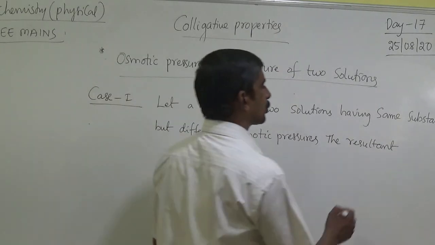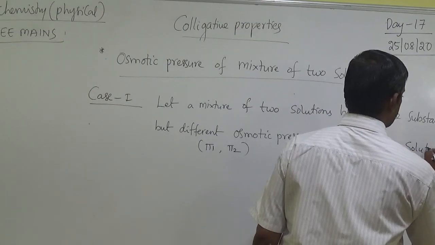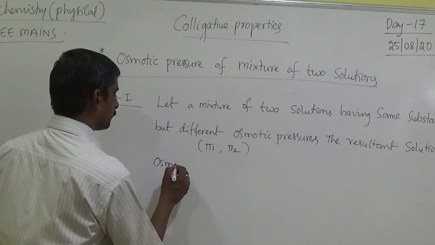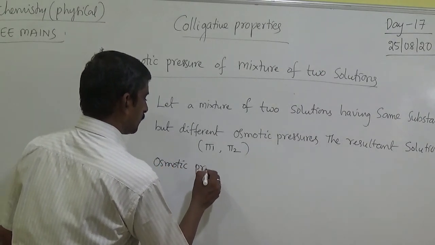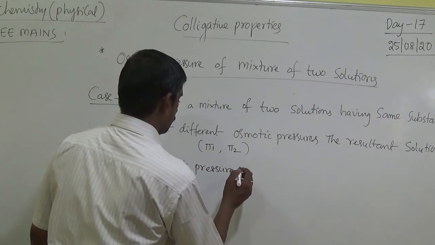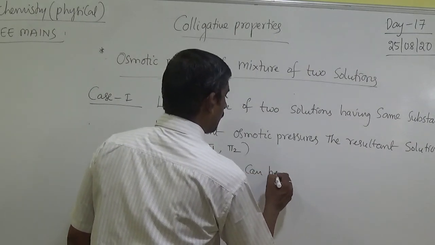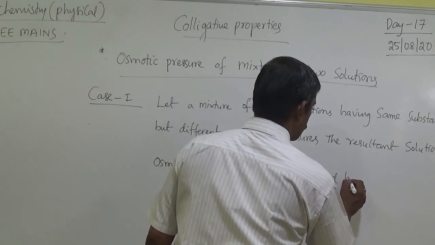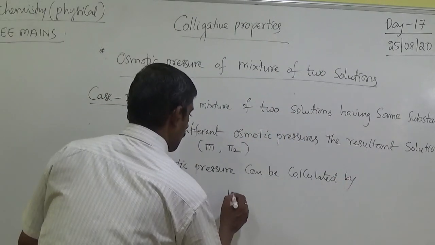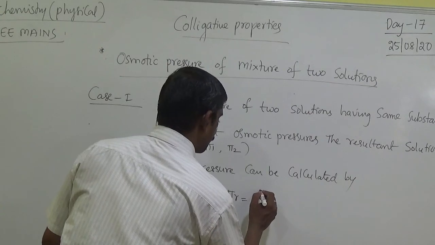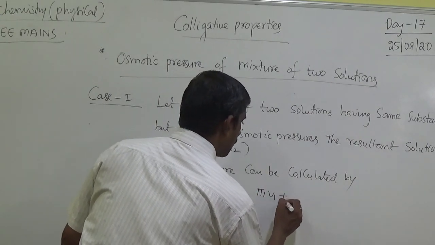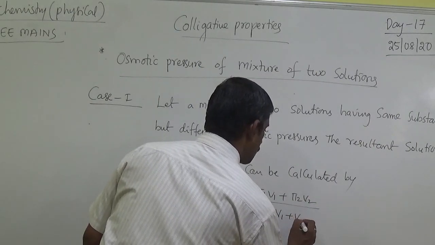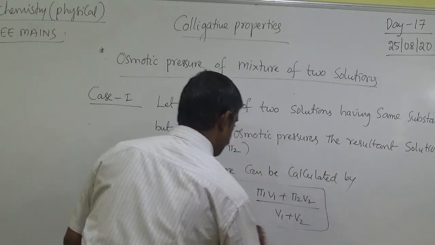The resultant solution osmotic pressure can be calculated by the formula pi r equal to pi 1 v1 plus pi 2 v2 by v1 plus v2. That is the formula.